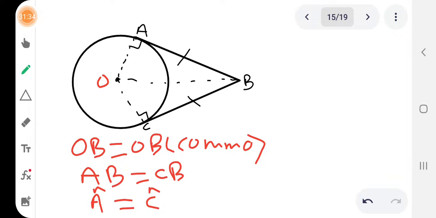So, okay, this one is tangents from the same point. Okay, hope you understand what I mean and you get what I say, that OB is common. This side will be equal to this side. Therefore, we know that BA is perpendicular to AO.